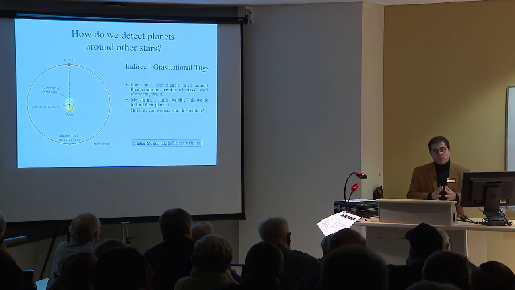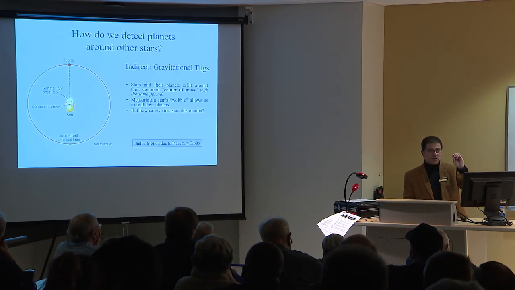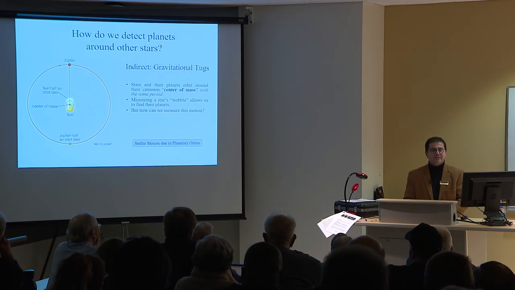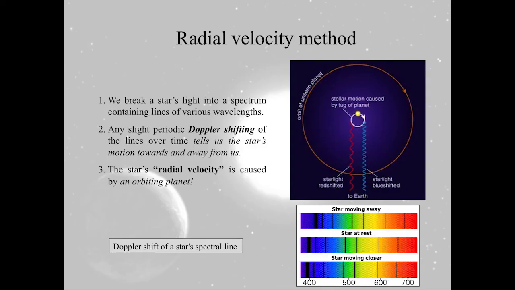Well, how are we going to measure that motion? Astronomers originally looked for the position of the star to change, but that also was extraordinarily difficult to measure because it's an exceedingly tiny motion. But astronomers are quite resourceful, and they found a little different way to look for that motion, because that's what we're really after, is the motion, not necessarily the position. How are we going to do this?